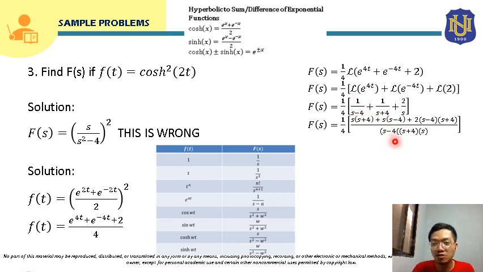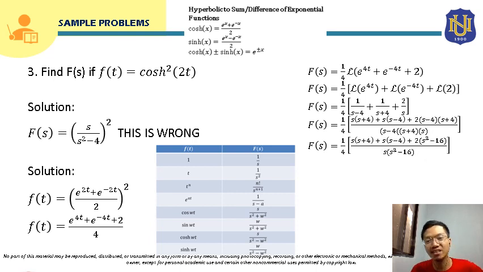And then s minus 4 times s plus 4 times s divided by s plus 4 times 1, so that will be plus s times s minus 4. And then s minus 4 times s plus 4 times s divided by s times 2, so that will just be 2 times s minus 4 times s plus 4.